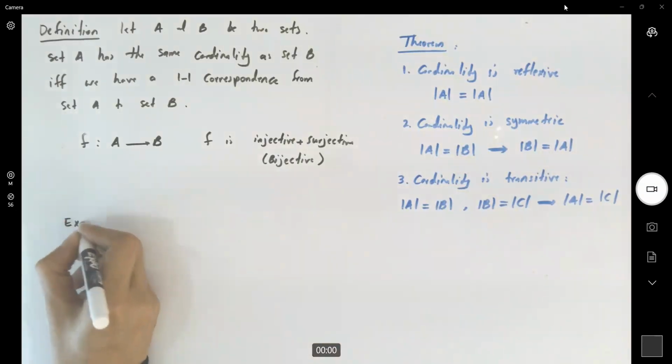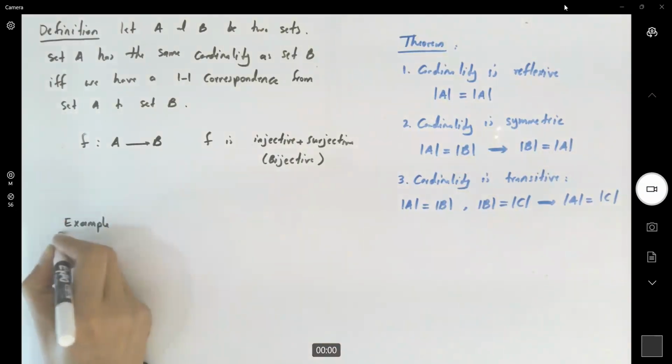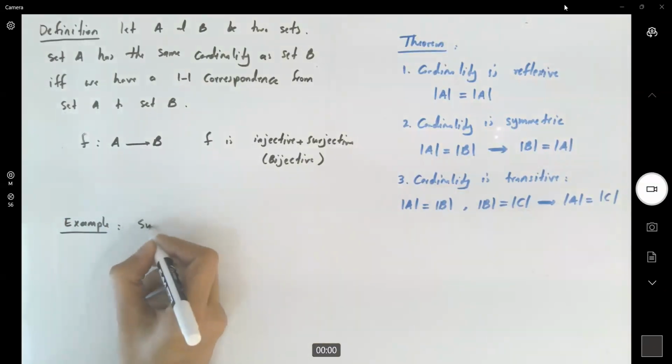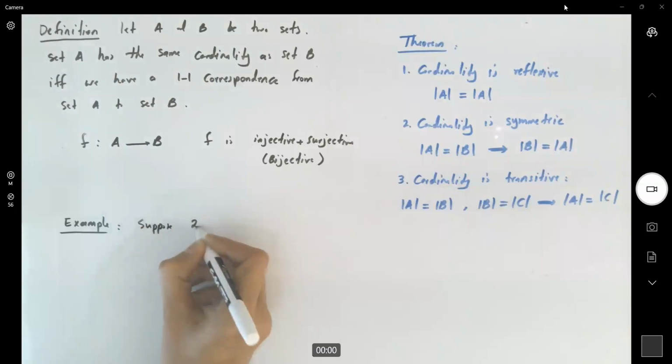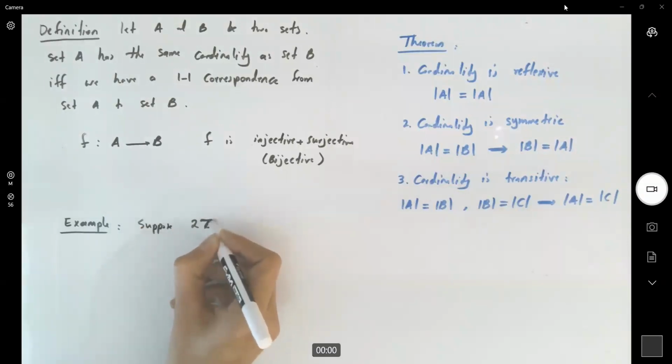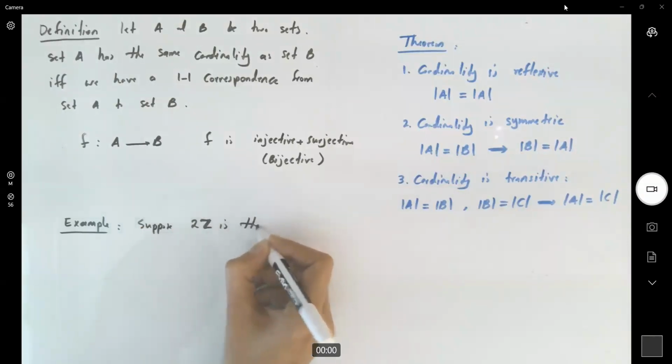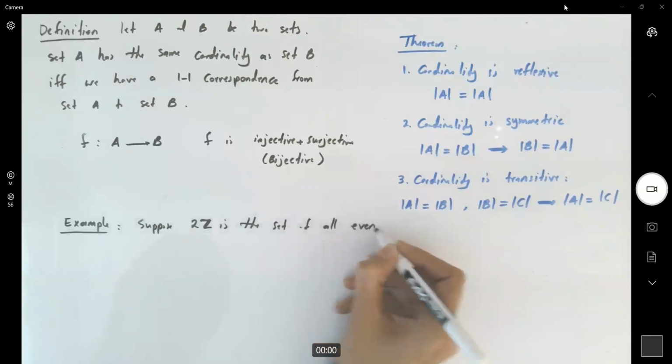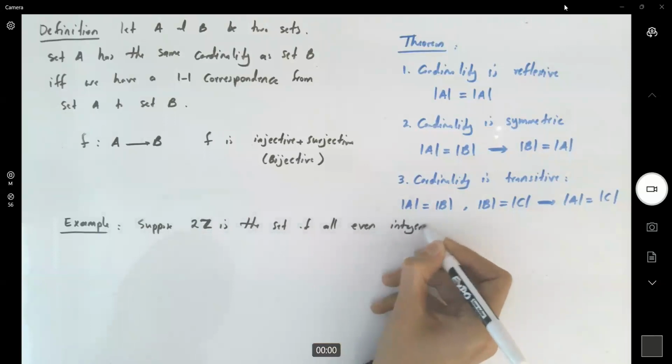Example. Suppose 2Z is the set of all even integers.